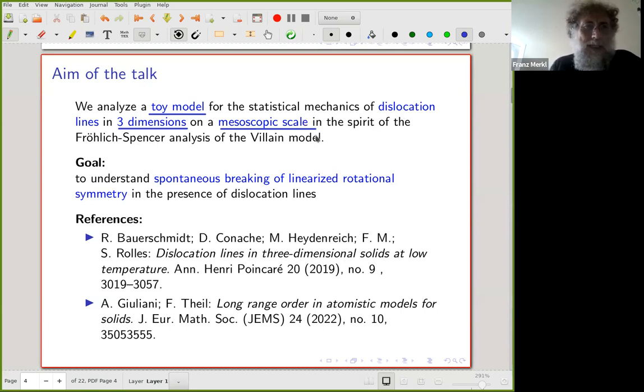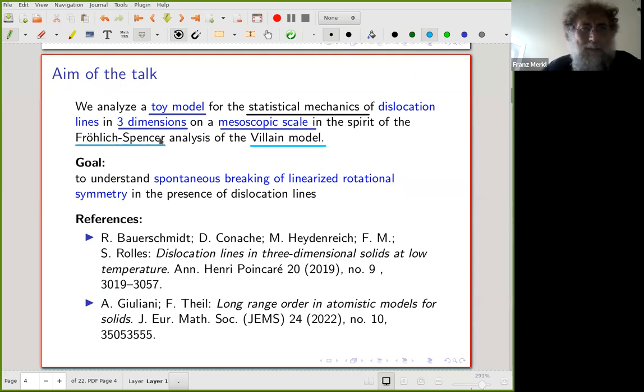Okay, so we analyze this using equilibrium statistical mechanics. So there's no dynamics. And one motivation was for us, and also some of the ideas that we try to mimic in our model are taken from the analysis of the Villain model by Fröhlich and Spencer something like 30 years ago.